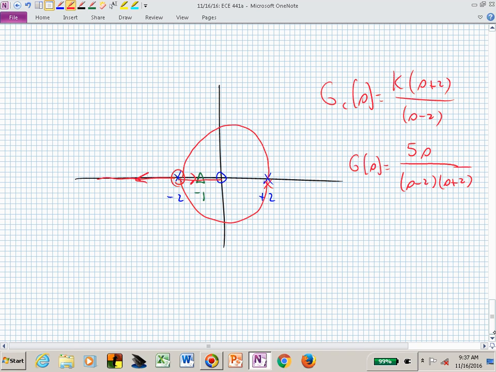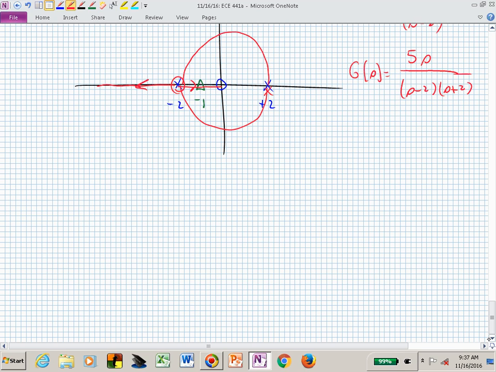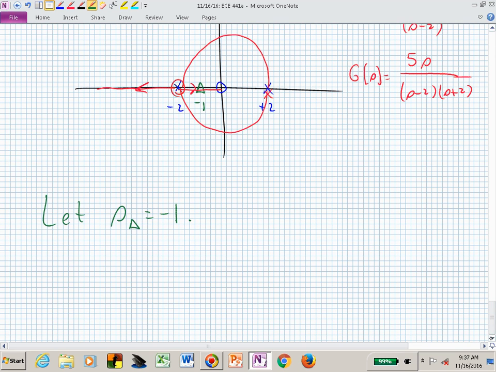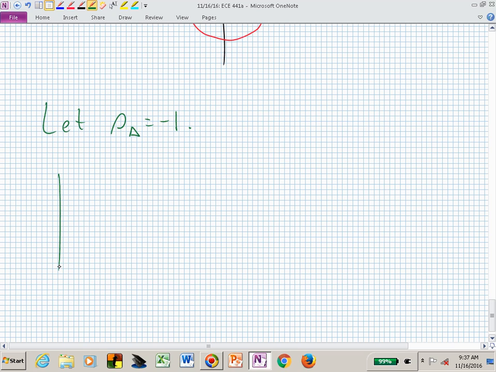So now how do I find the rest of the controller? What's left to be found? K. And if I picked a closed loop pole at -1, I now can say, okay, I'm now letting S delta equal -1, so that from the gain or the magnitude condition, I have K (S plus 2)/(S minus 2).